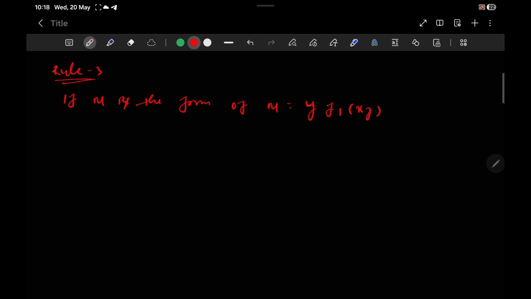So y into f1, where f1 is a function of xy, and N is of the form x into f2, which is a function of xy. So the integrating factor here will be 1/(Mx - Ny).